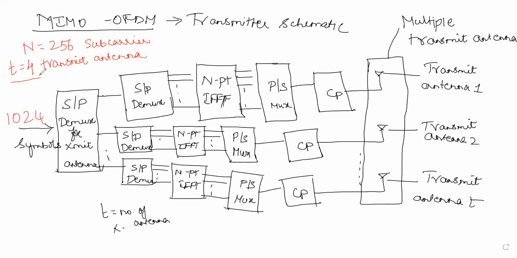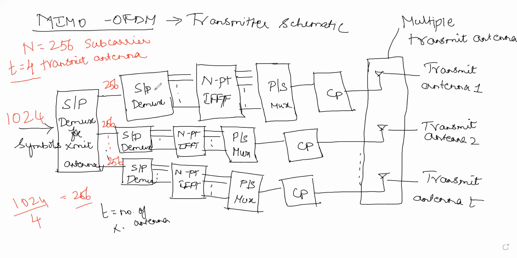These 1024 input symbols need to be distributed among these 4 transmit antennas. So each channel will go through 256 symbols. There are 4 channels, so 1024 divided by 4 transmit antennas, therefore each channel will go through 256.